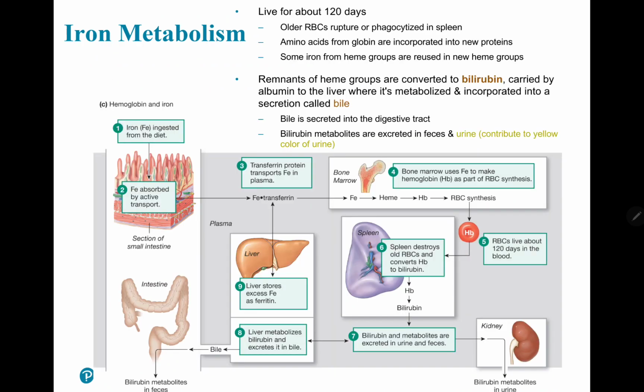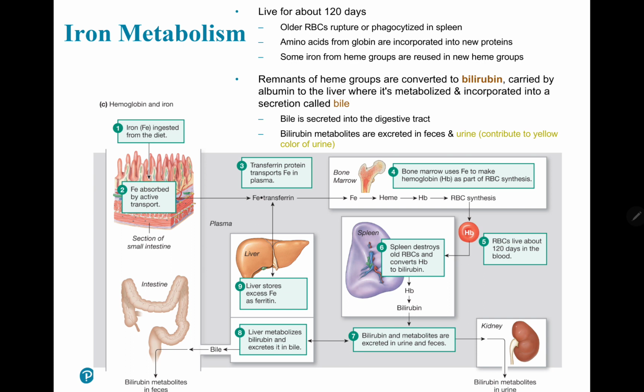Now, I mentioned red blood cells don't live very long, especially because they don't have the nucleus, right? So they live for about 120 days. Those older red blood cells are going to rupture and get phagocytized in the spleen, right? The amino acids from the globin protein are going to be incorporated into new proteins, and the globular regions of the heme group, I should say, are going to be incorporated into new proteins, and some of the iron from the heme groups is going to be reused, right?